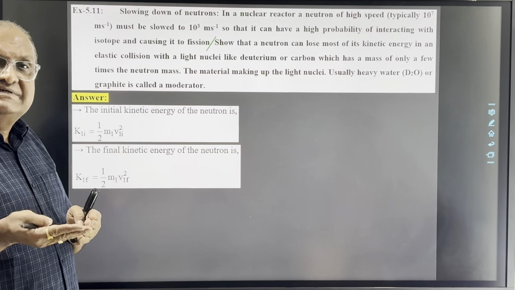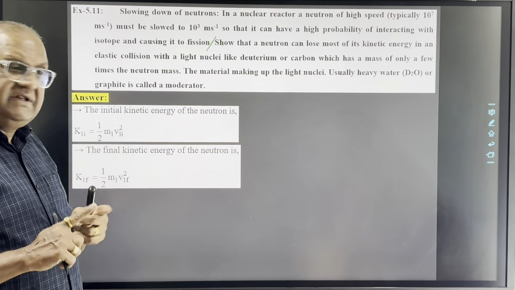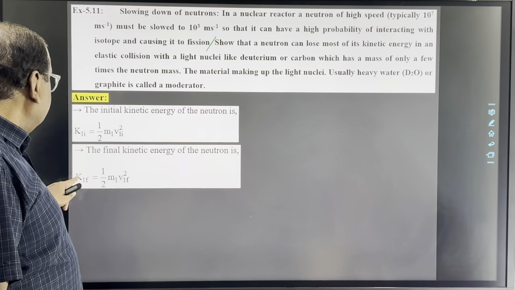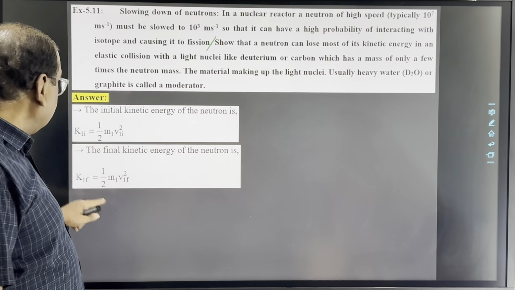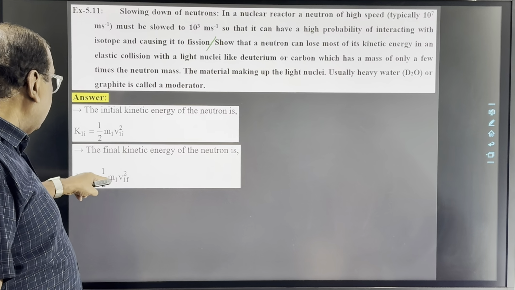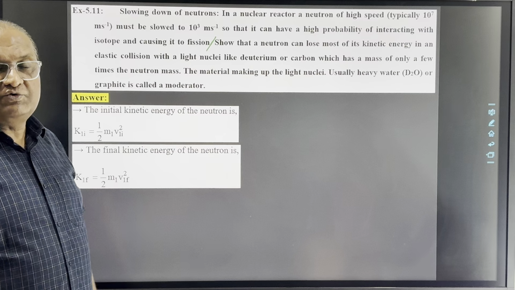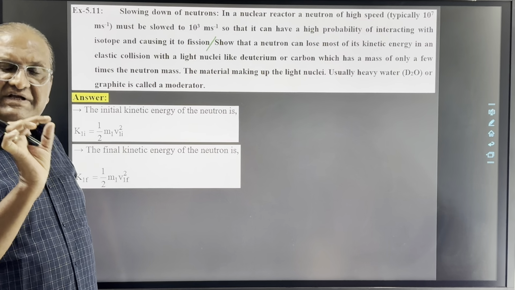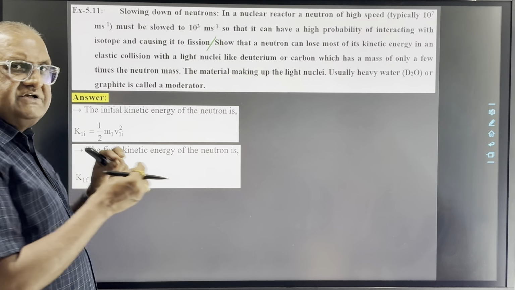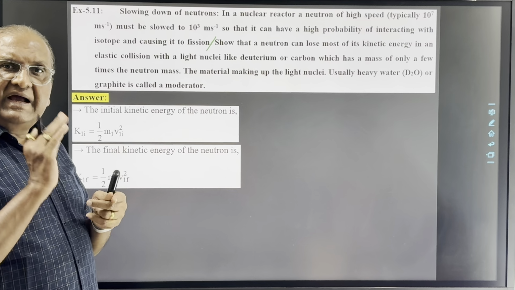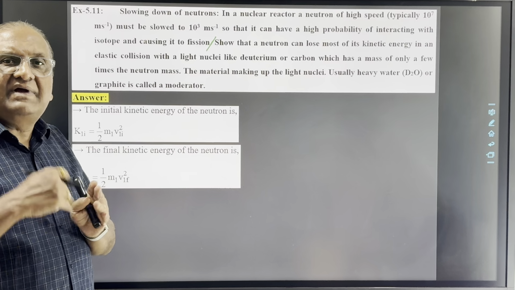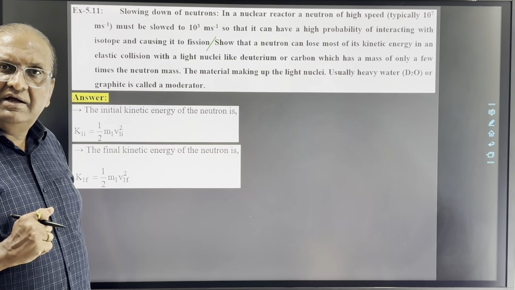After collision, suppose the neutron is moving with velocity v1f. Initially deuterium is stationary. Now due to this collision, some kinetic energy will be lost by the neutron and some kinetic energy will be gained by deuterium.